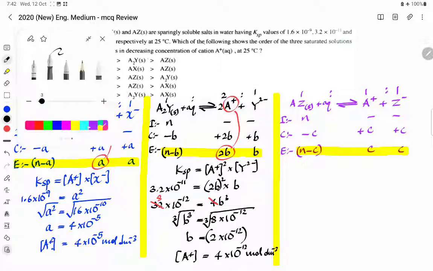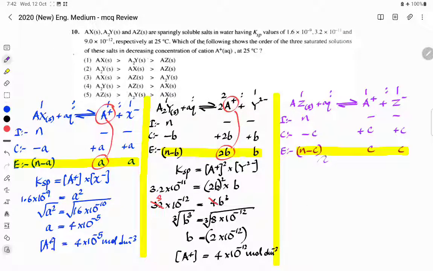The last one, the AZ compound. Ksp equals [A+][Z-]. The Ksp value is 9 × 10^-12. The A+ concentration is c at equilibrium, therefore c here, so c squared.